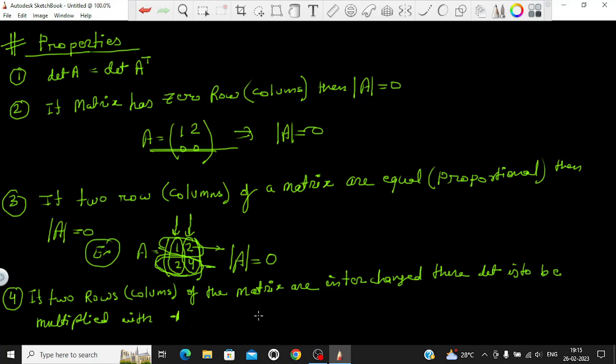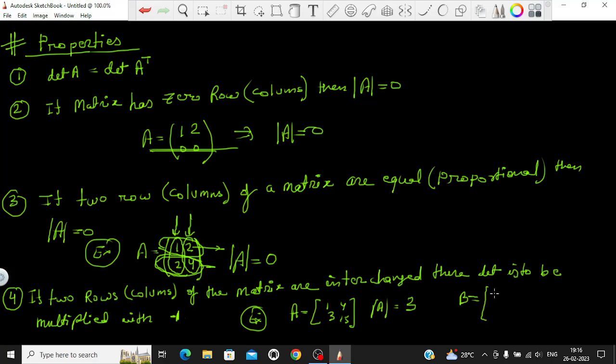Okay, so for example, this is the matrix. Suppose 1 4 3 15, and its determinant is 3. Now what I am doing is just interchanging the rows.